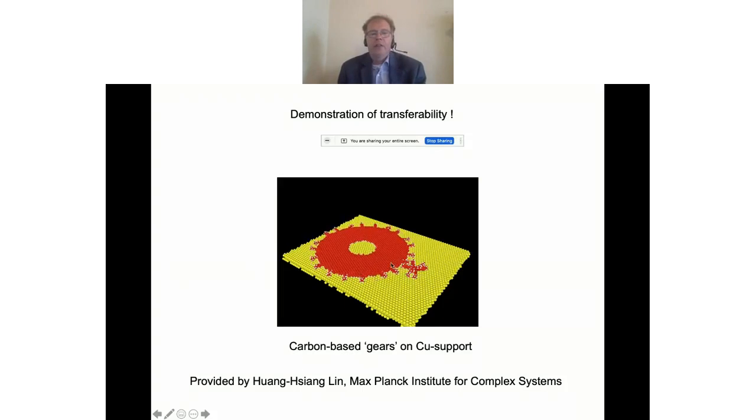So we sent this force field. Clearly, it wasn't trained for anything remotely similar to these type of gears, and it actually works pretty well out of the box. It doesn't always work. Sometimes the transferability is not infinite, but it shows that these force fields can actually transfer pretty well between different applications.